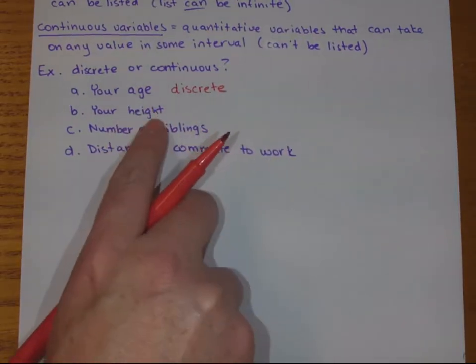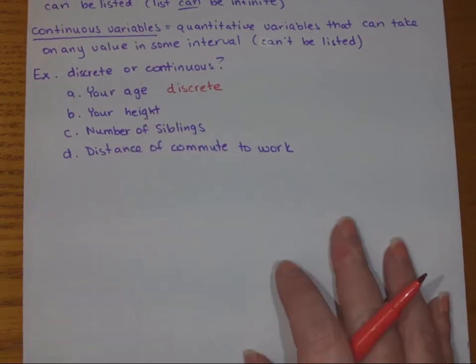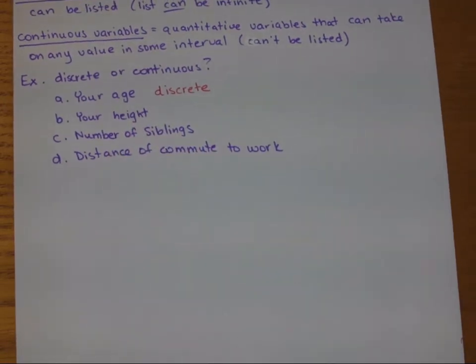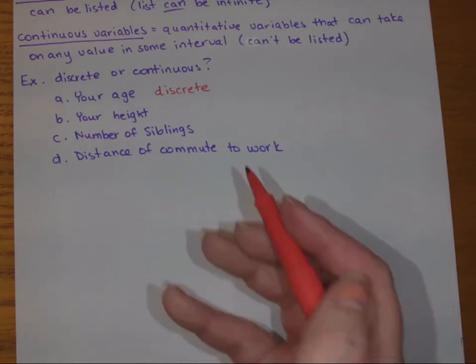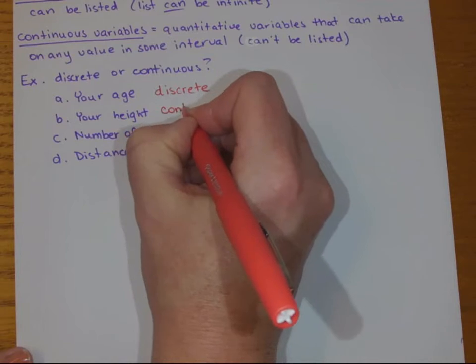But notice your height would be more of a challenge. Like people measure height in different ways, right? So I could be asking for your height in feet. I could be asking for your height in centimeters. I could be asking for your height in paper clips. I mean, nobody would do that, but I'm just saying there are lots of different ways to kind of measure height. So this is actually continuous.